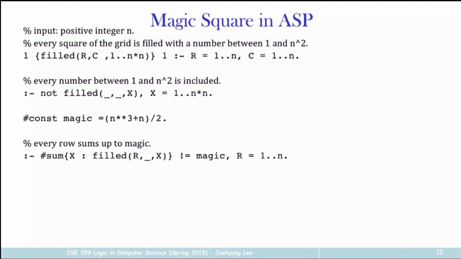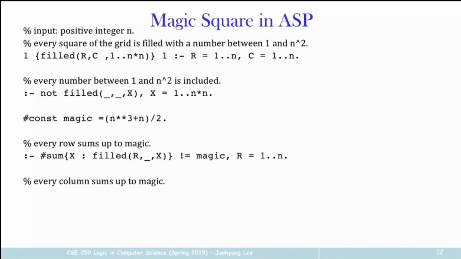We are summing the values of x in the same row. Row here is the global variable. So for each row, let's say row number 1, we sum over all the numbers in the row. If that is not the same as the magic constant, then this violates the constraint. Done.